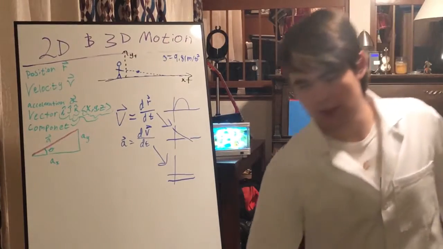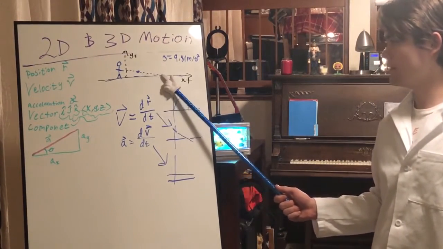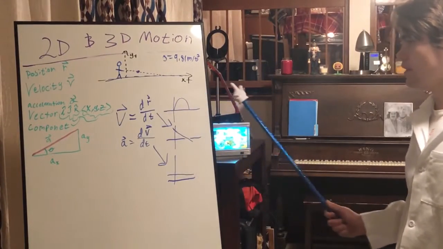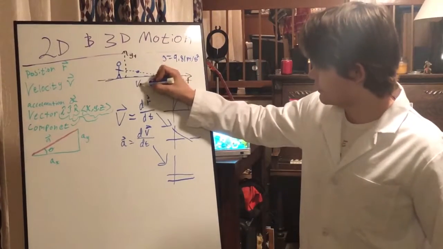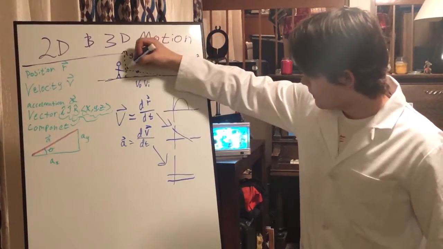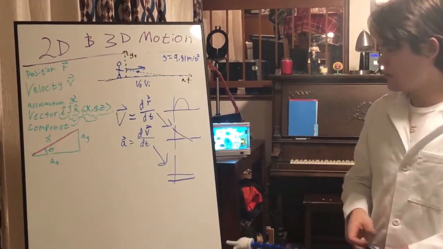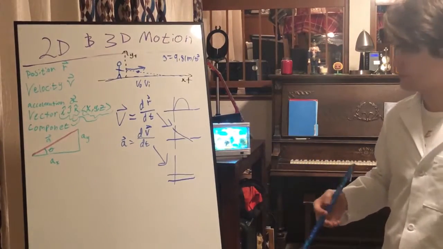Back to this bowling ball. There's a bowler right here, and the bowling ball going through the air down onto the lane. Why is it that the bowling ball just doesn't keep going straight across? It does have initial velocity, often noted as v naught or v i for initial, coming straight out in just the x direction. Well, that's because of acceleration due to gravity.